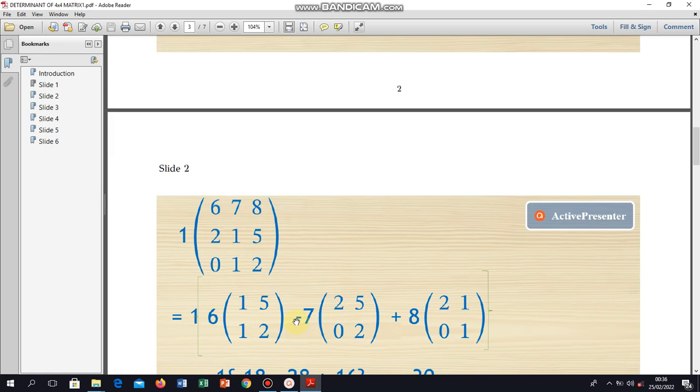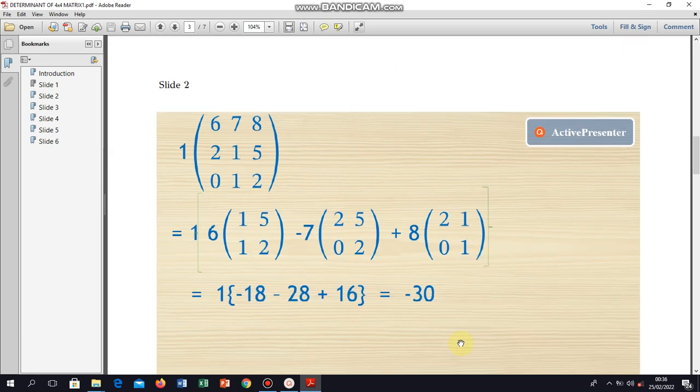We move on. Remember the negative sign: 7. We shield the row and the column, then we have 2, 0, 5, 2. Move on. Remember the positive sign. We shield and have 2, 1 and 0, 1.